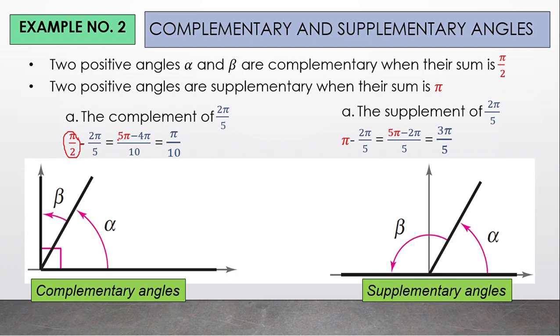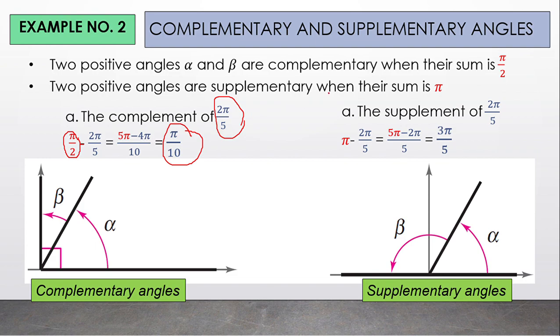So, ibig sabihin, si 2 pi over 5 ay complement niya si pi over 10. So, ayan sila. So, complementary angles si pi over 10 and then si 2 pi over 5. So, sa susunod na lesson natin, itong pi na to is magiging degree na siya.